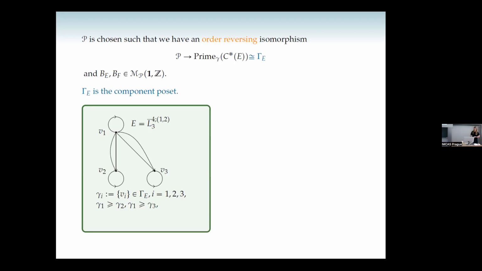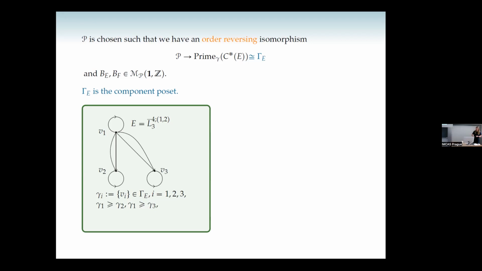So first of all, as I said before, this P has to be chosen such that you have an order reversing isomorphism between the space of those ideals and P. But this space can actually be described as something called the component poset. I should say that those two spaces are topological spaces. You can put a topology on them, and they have to be homeomorphic.